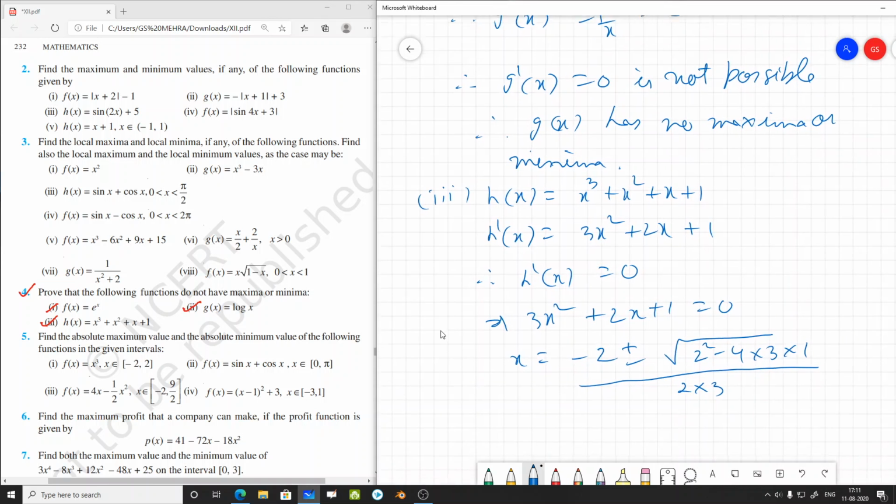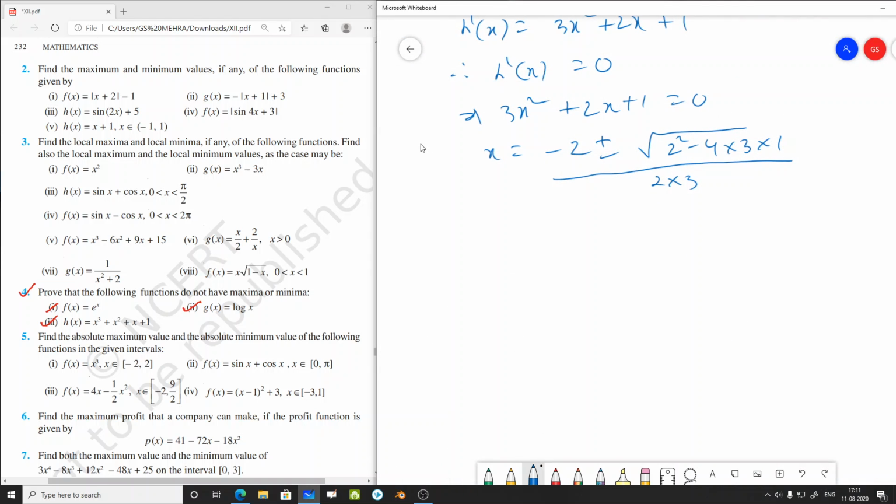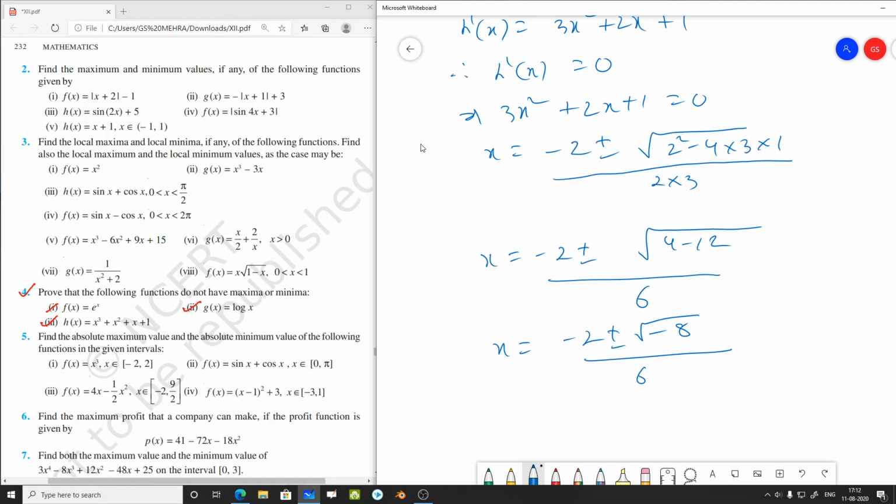So this will give us x equal to minus 2 plus minus root of 4 minus 12 over 6, that is minus 2 plus minus root of minus 8 over 6.